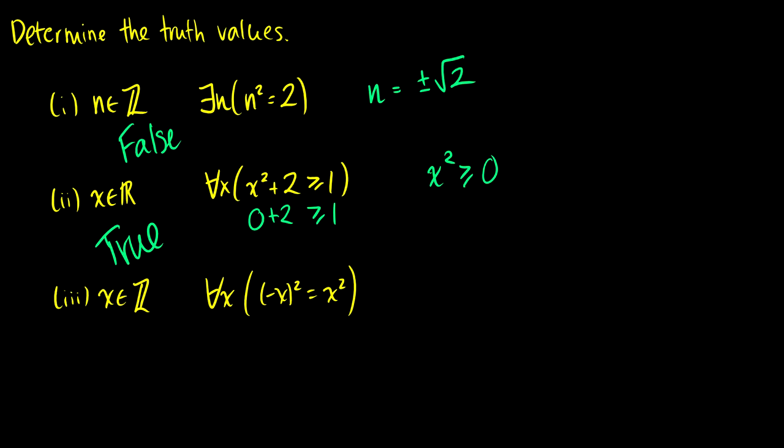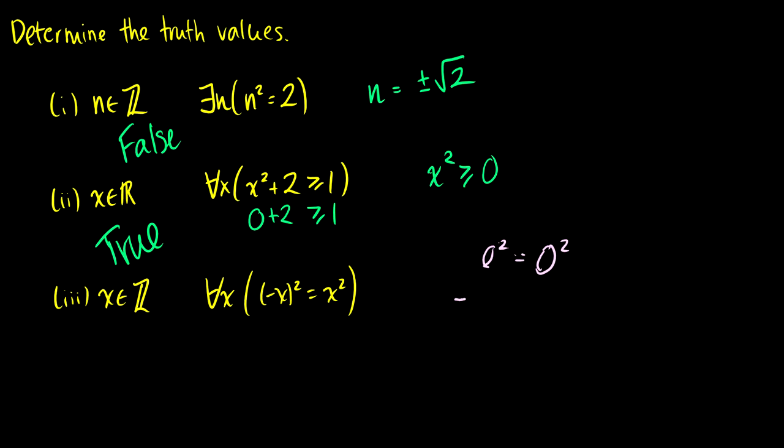For x in the integers, for all x, negative x squared is going to equal x squared. So this is true or false. Well, let's put in a negative number, 0, and a positive number to see if this holds. Okay, so 0 squared is, of course, going to equal 0 squared. Okay, so that's good.